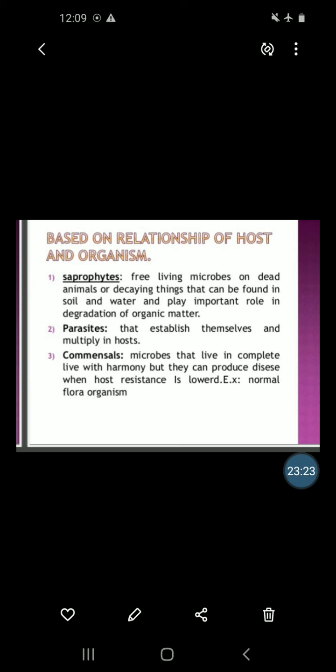Next classification based upon the relationship of host and organism. First, saprophytes.